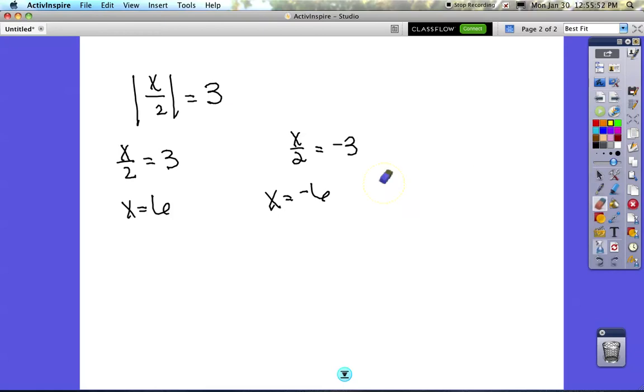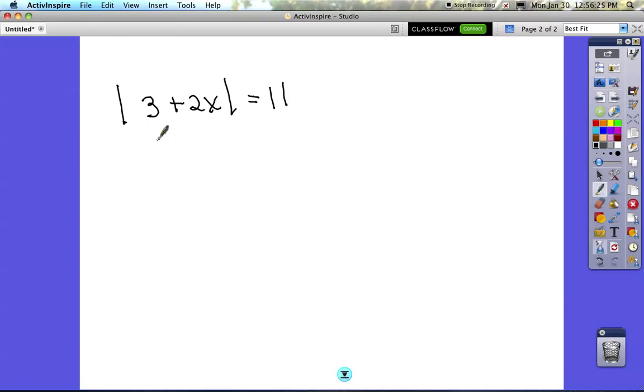Okay, so let's step it up just a little bit. Okay, write that down. Why does it start out in the brackets? Because this is actually an absolute value problem.